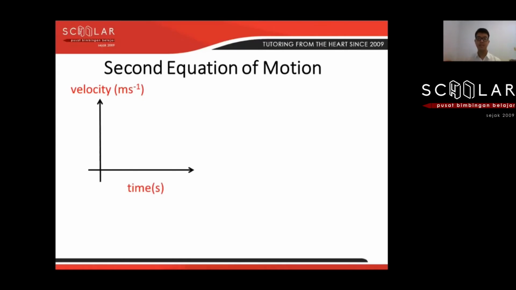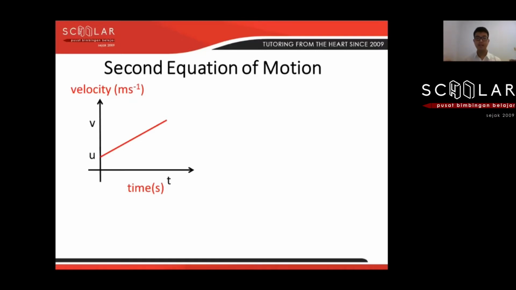Okay, now let's imagine there is an object that moves with an initial velocity u, and it reaches a final velocity v, given a certain period of time, t. Then from these conditions, we will get a graph showing the motion of this object.